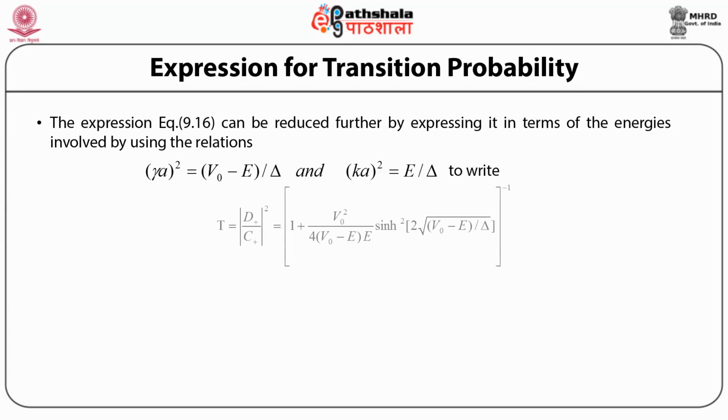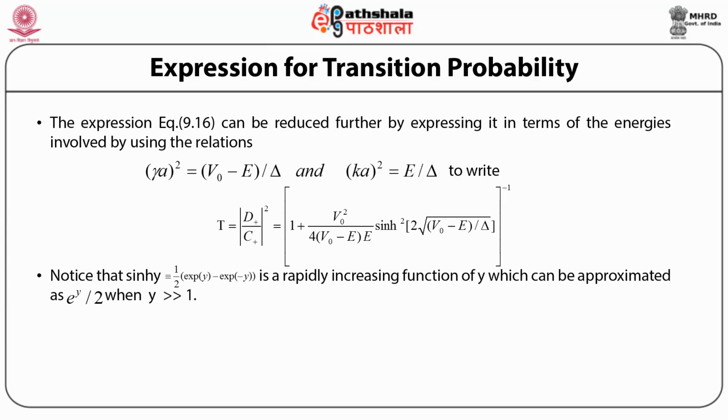We write T is equal to the square of the modulus of C plus by C plus, which is equal to the inverse of 1 plus V naught square divided by 4 times V naught minus E into sinh square within the brackets, twice the square root of V naught minus E by delta.